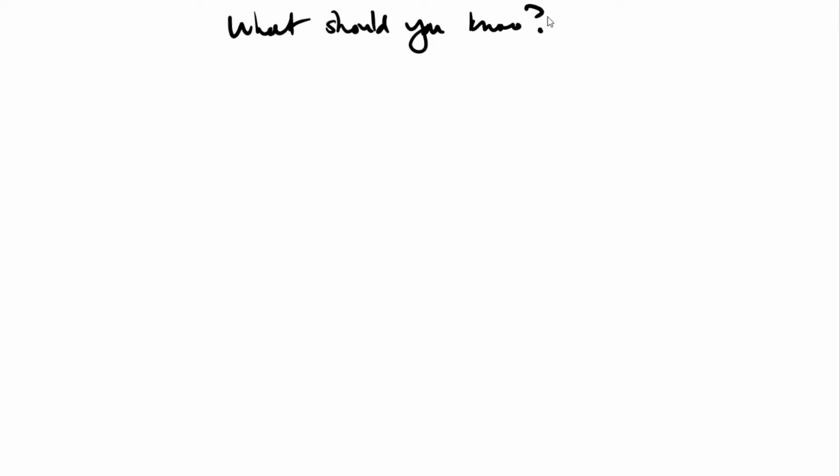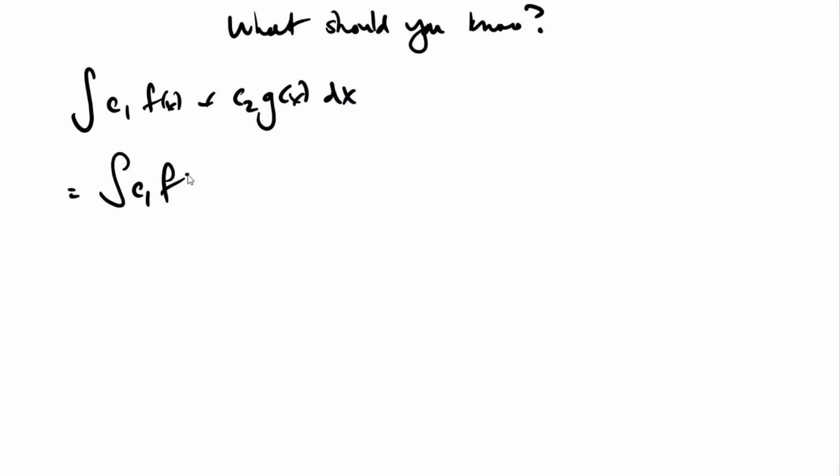The first thing that you were supposed to have seen is that integrals are what are called linear. That is to say, if you have the integral of some constant c1 times f of x plus a different constant c2 times g of x, that the integral can be split up into pieces.